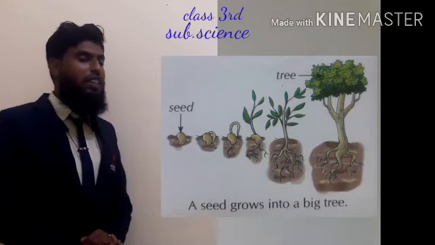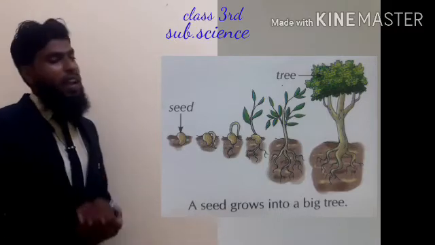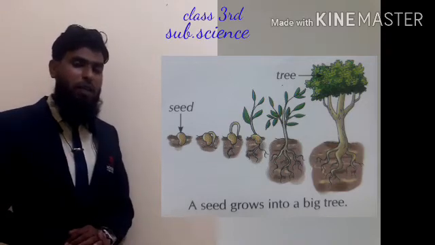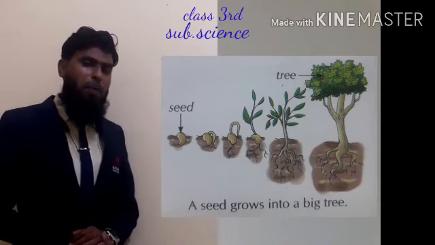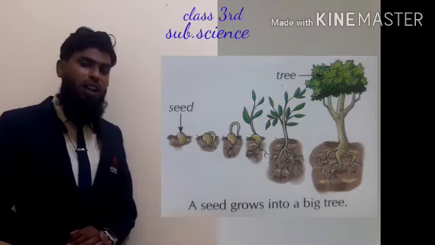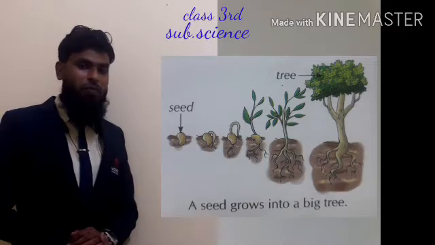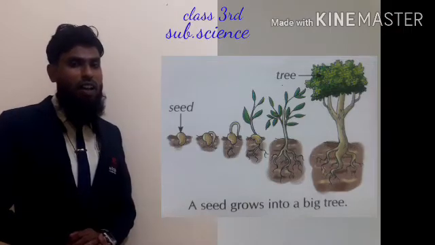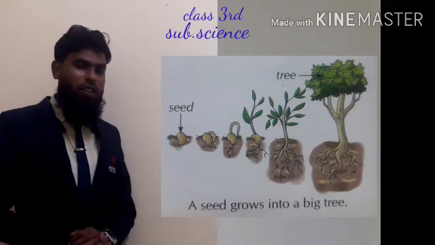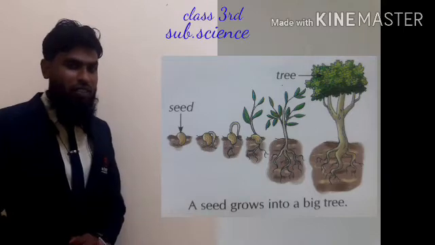Now, the second example is the baby animal grows into a big animal. Puppy grows into a dog. Kitten grows into a cat. Okay. Got it everyone?